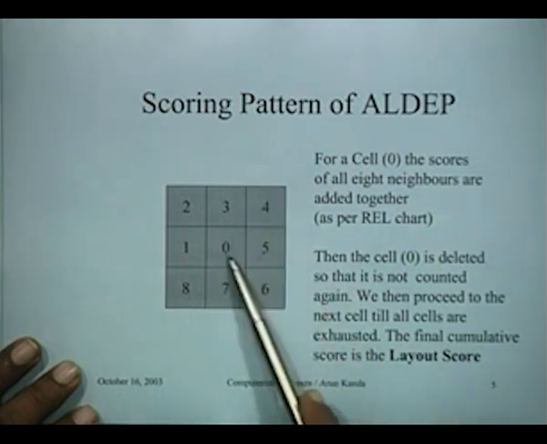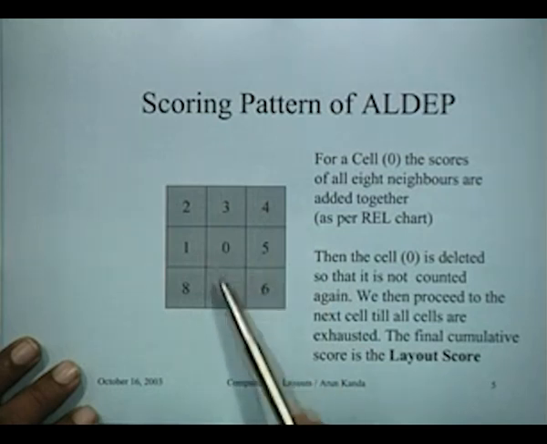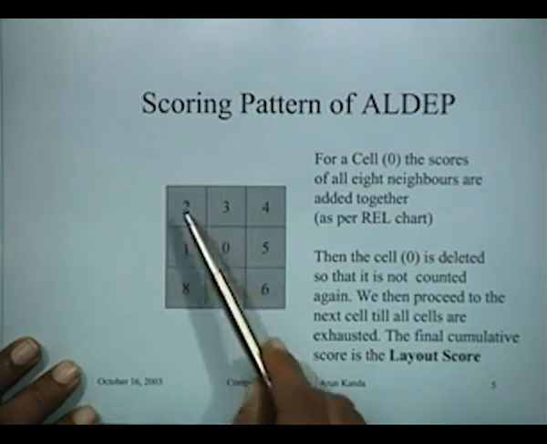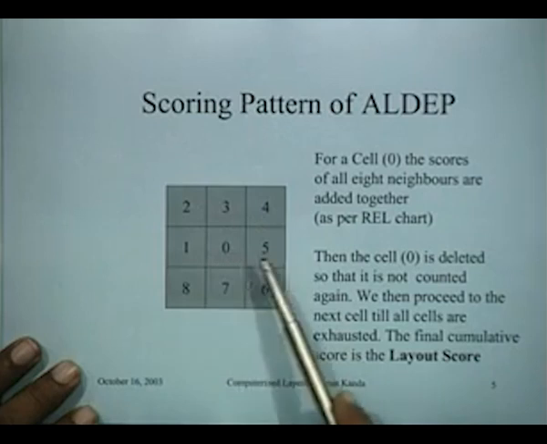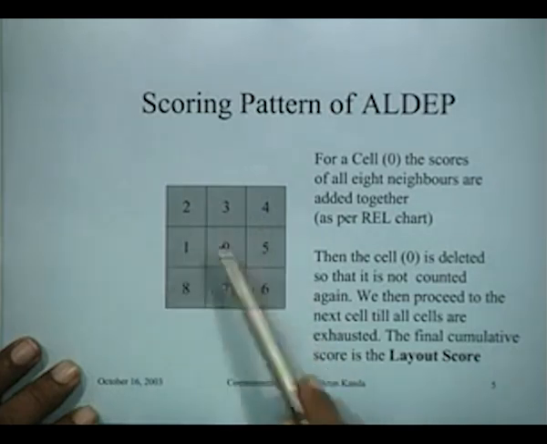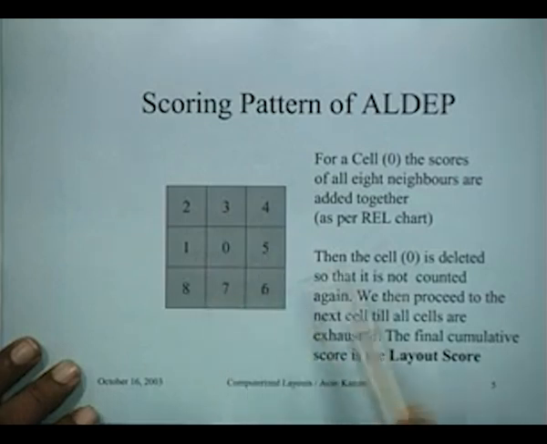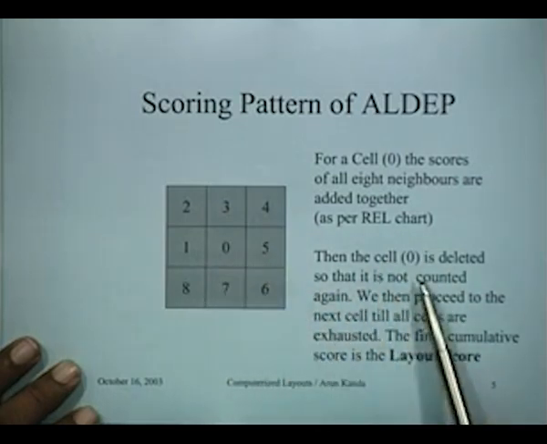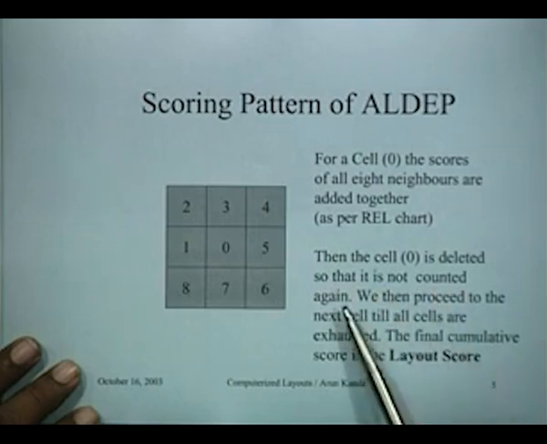Similarly for 0 and 2, 0 and 3, 0 and 4, 0 and 5, 0 and 6, that means all the neighbors of this particular cell would be evaluated and given marks. After having done that, cell 0 is deleted so that it is not counted again.